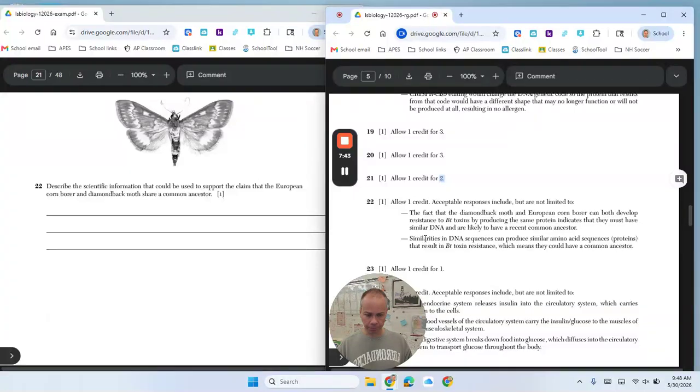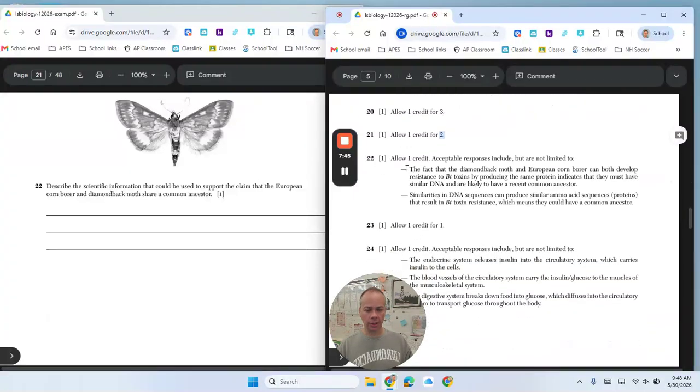Okay, when we look at the choices listed on the scoring guide for 22: the fact that diamondback moths and European corn borers both develop resistance by producing the same protein indicates they may have similar DNA due to having a common ancestor.